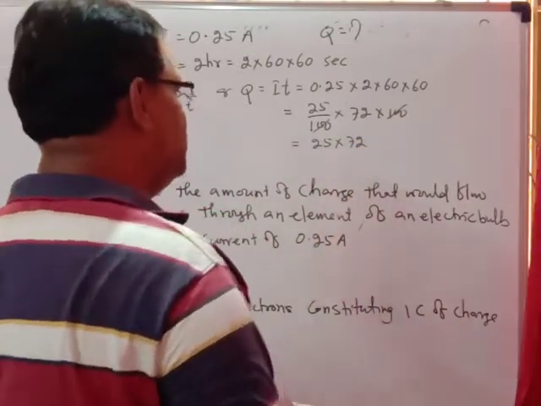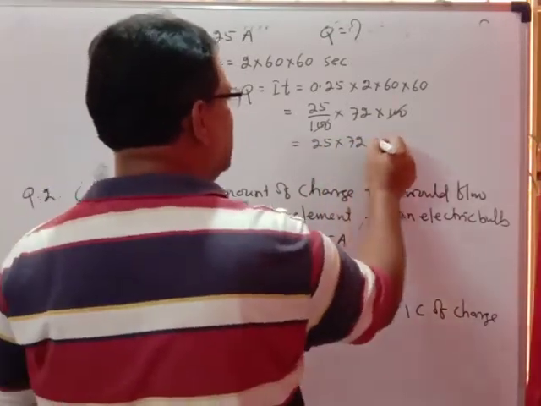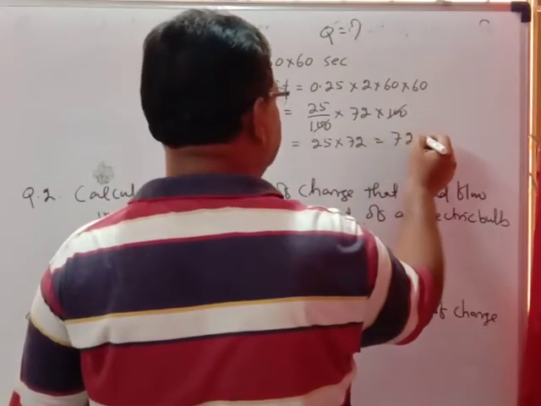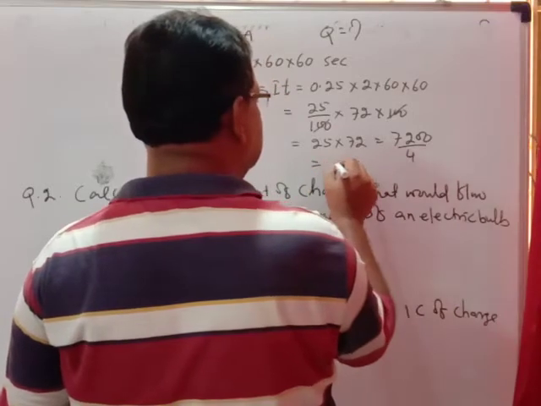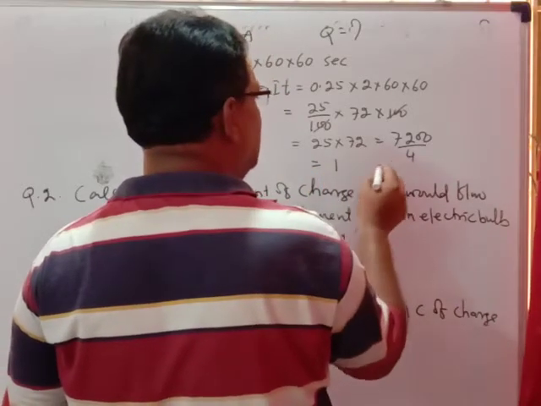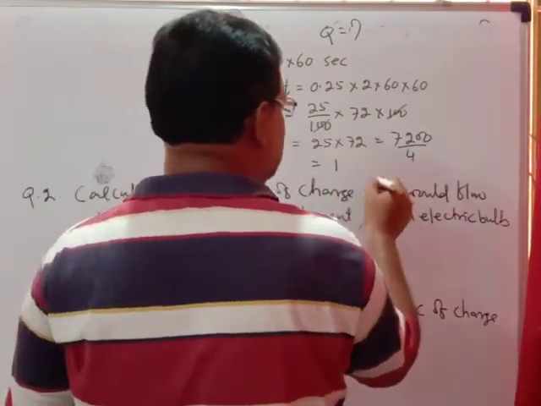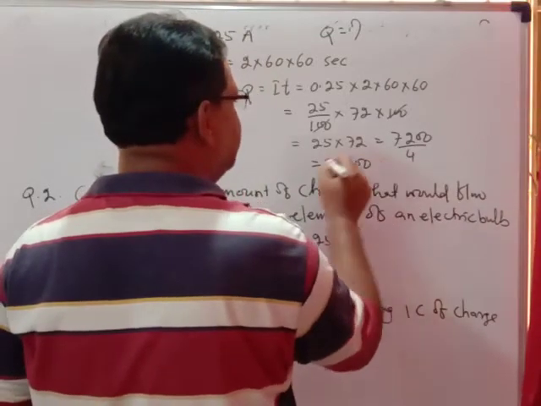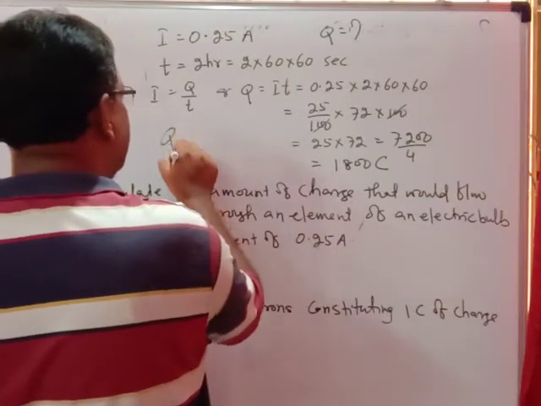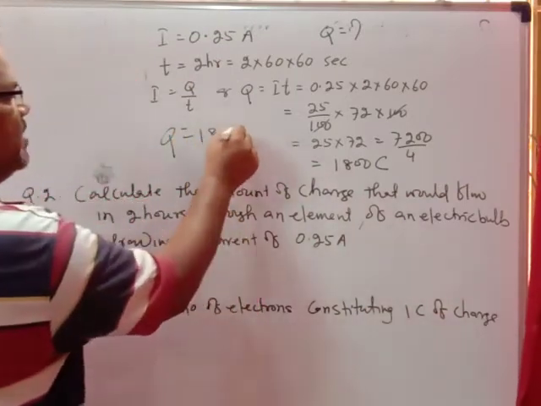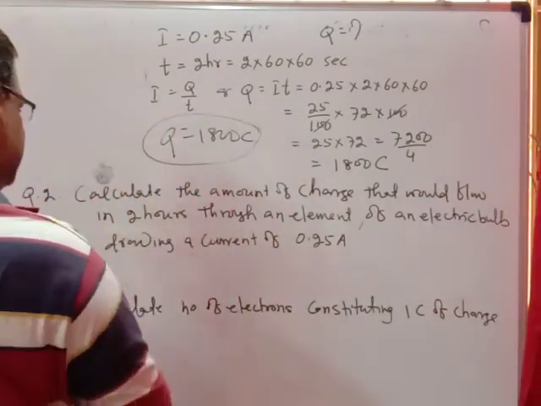We can do it in this manner: 7200 divided by 4, which is 1800 coulomb of charge. So total Q you are finding here is 1800 coulomb of charge.